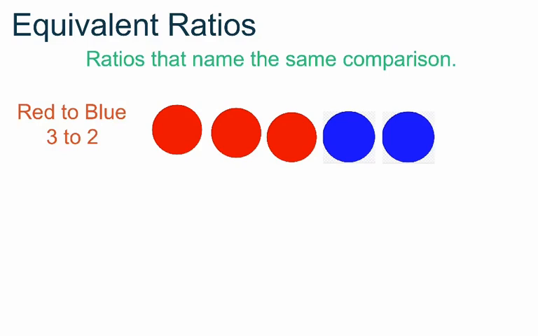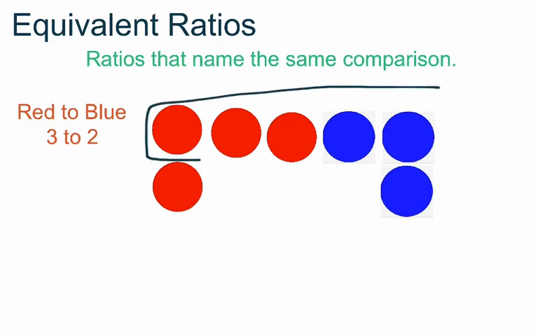Students really think that if I add a red dot and I add a blue dot, I'm following that ultimate rule of math: what I did to one, I did to the other. However, if our original ratio was 3 to 2, does this next group that we've added on match the 3 to 2 ratio? And hopefully right away you say no, because it does not.